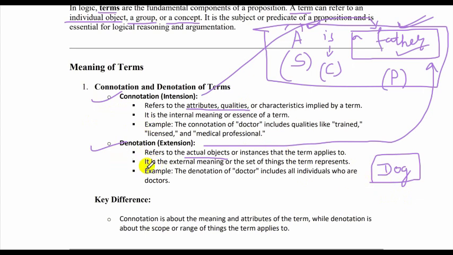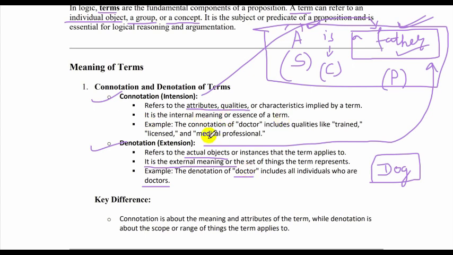So denotation is the external meaning or the set of things the term represents. Example: the denotation of a doctor, like I said, father in this case, includes all individuals who are doctors. Connotation, on the other hand, means the internal meaning or the essence of the term.